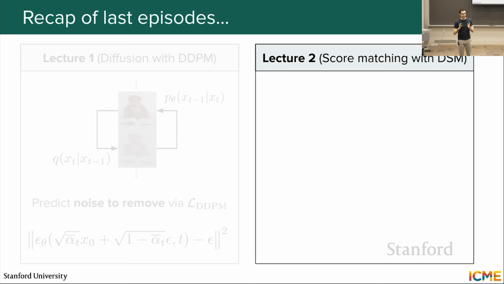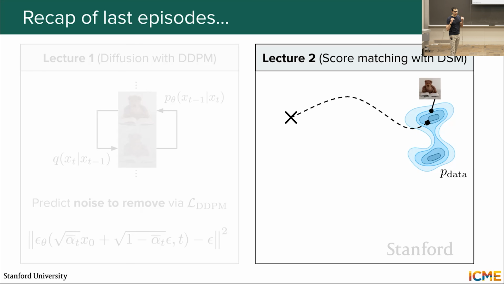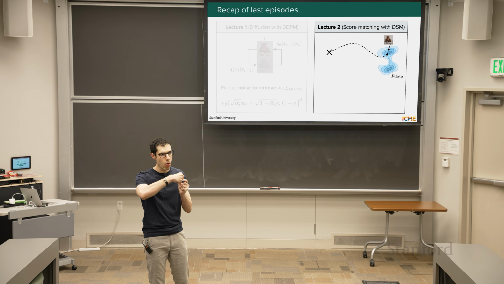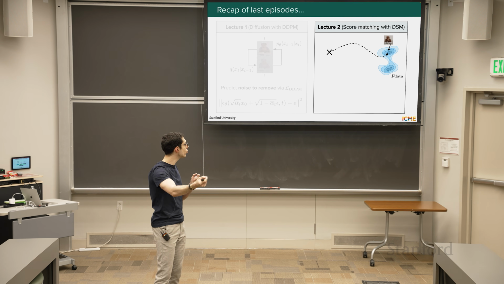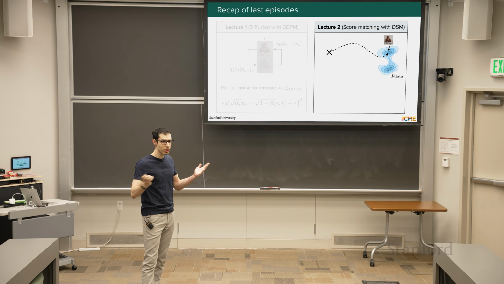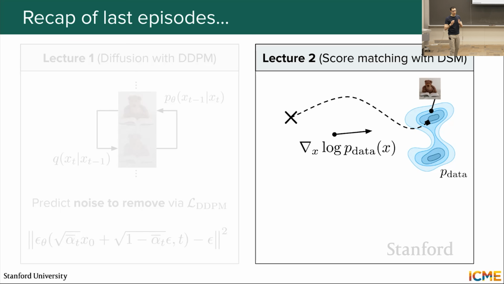Lecture 2 was taking another perspective and taking a step back, thinking of images in the n-dimensional space of images, and the fact that what we wanted to do was sample from an easy distribution and then walk our way up until the true data distribution. So how did we do that? The whole point of the lecture was to learn what we call the score, which is the gradient of the log of p.